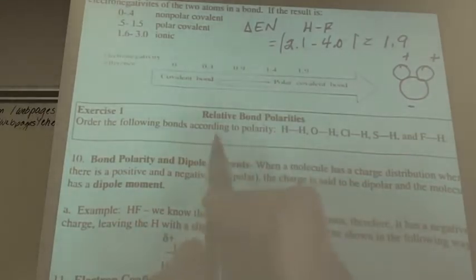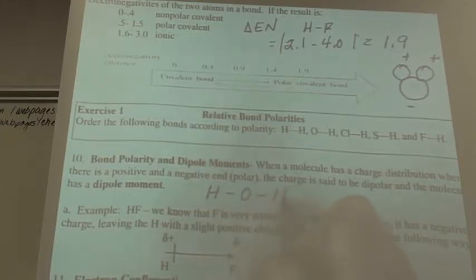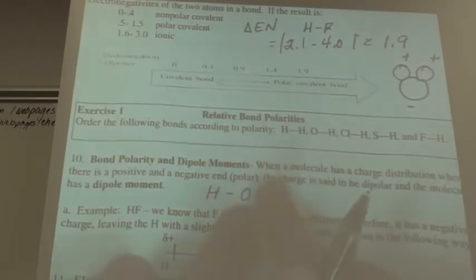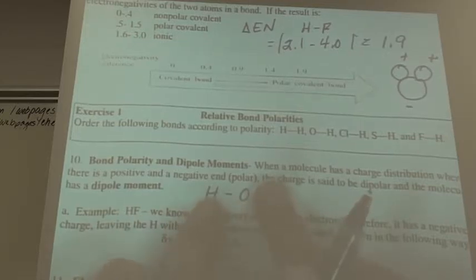Now, let's talk about what's happening to our water molecule. Our water molecule can be drawn like this, right? Did I or did I not tell you that the change in electronegativity was just talking about two atoms linked together? So the change in electronegativity tells us which one of these atoms, the H or the O, has a bigger pull on the electron.